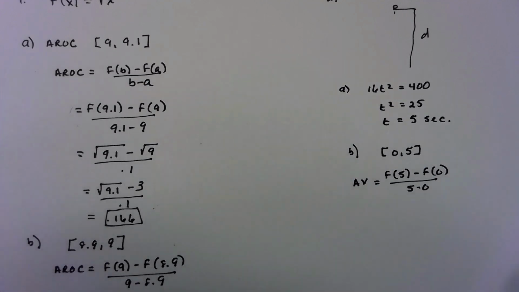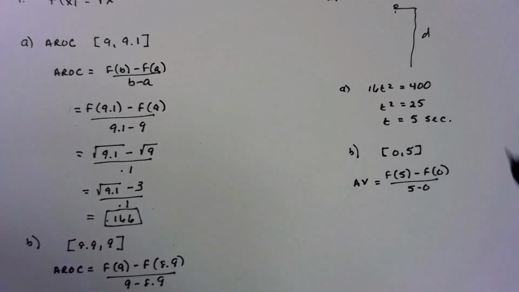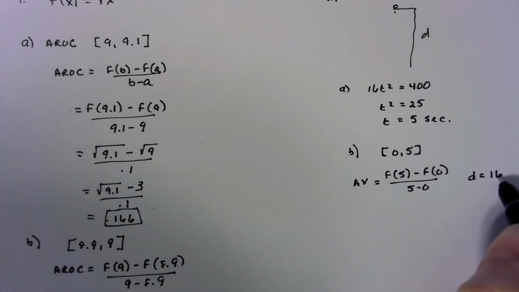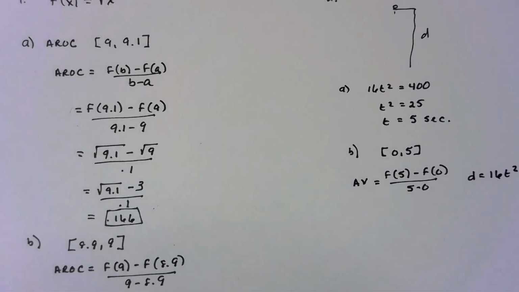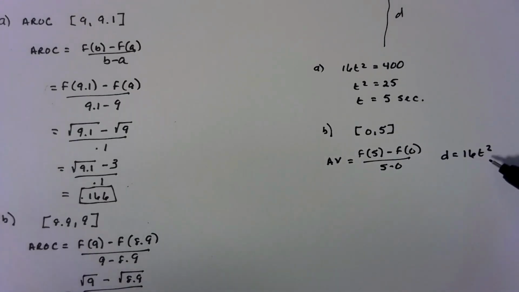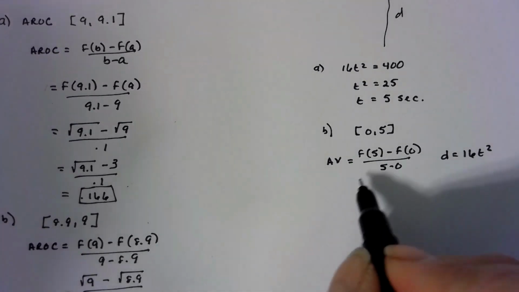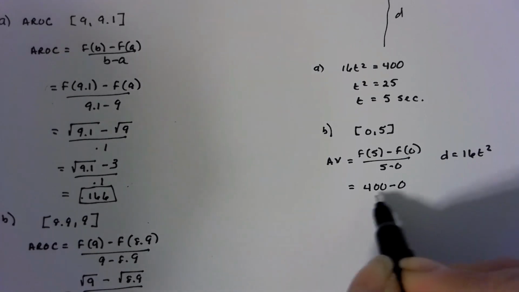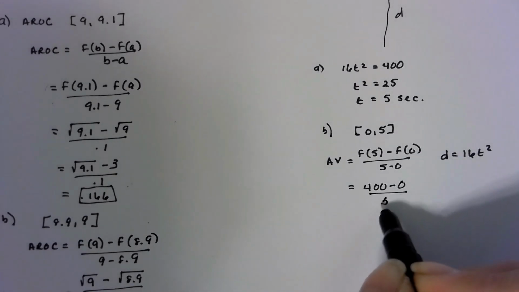Well, if I'm just working on the function, my function is 16t squared. You can call it f if you want, it doesn't matter. If I evaluate this at 5, 25 times 16 is 400. So you have 400. f of 0 is 0. 5 minus 0 is 5.